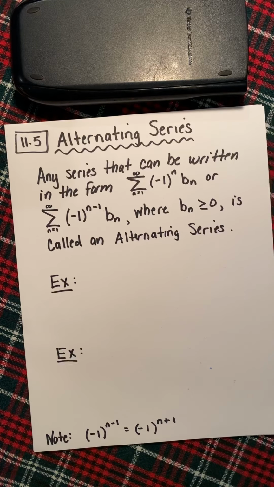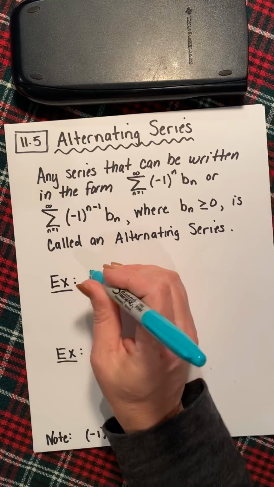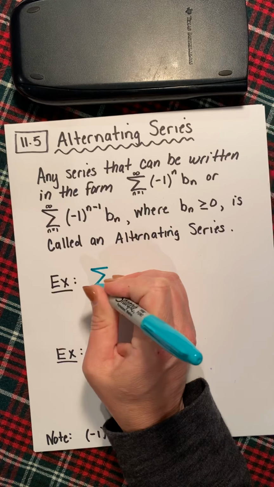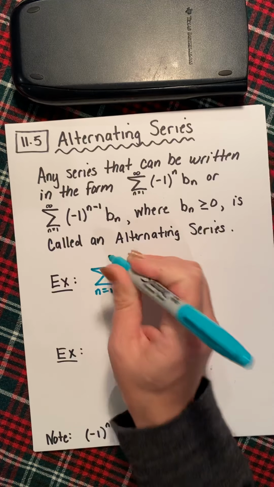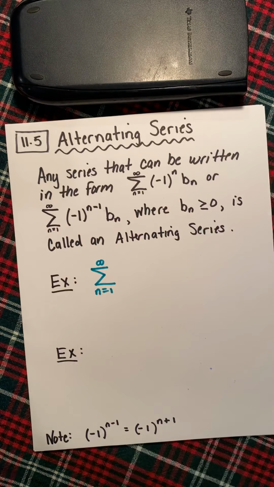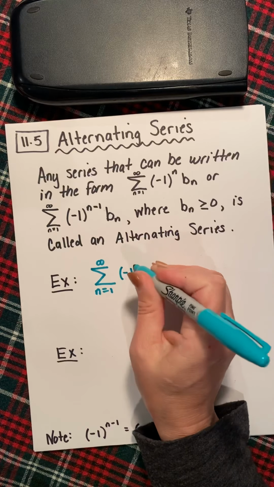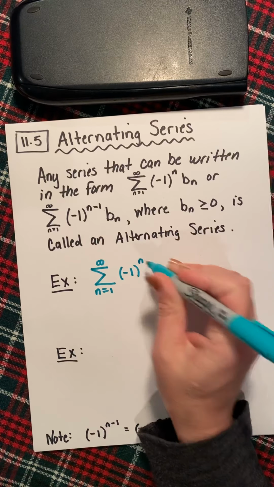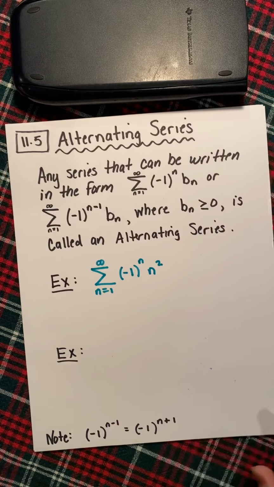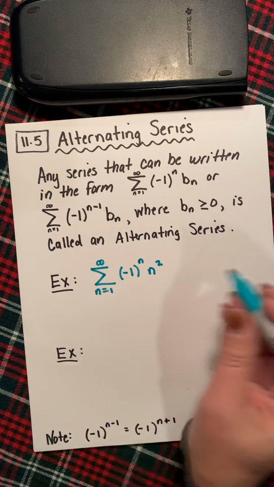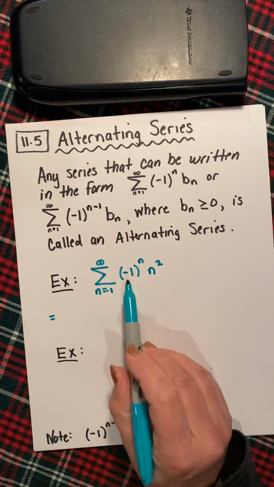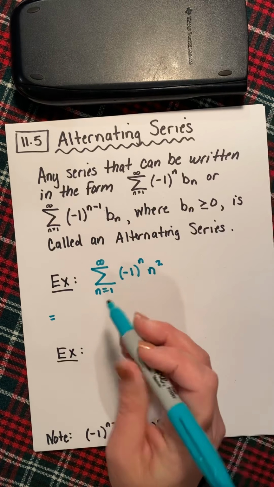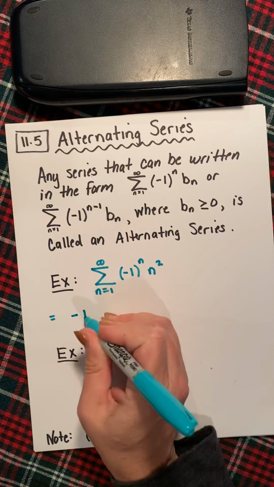So for example, we might have the sum from n equals 1 to infinity of (-1)^n times n squared. What this would look like is, if n was 1, this would be -1 to the 1 power, so it would be negative, and then 1 squared is 1.